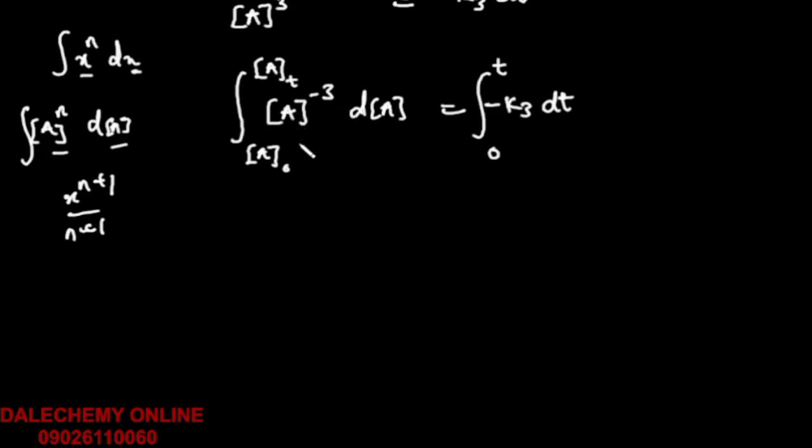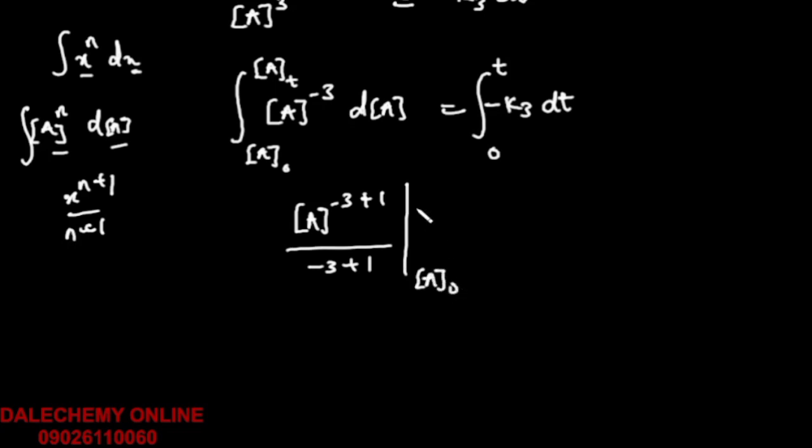So the answer for this integration is going to be A raised to the power minus 3 plus 1 over minus 3 plus 1. And this is going to be now, we have the limit from the lower limit, which is A naught, to the upper limit, which is A at time t. So this is going to be minus k3, because k3 is a constant, integration of dt.